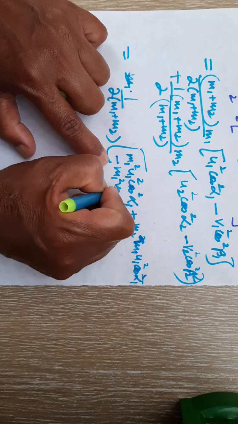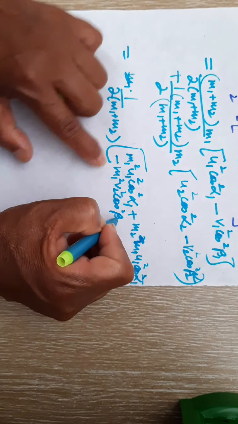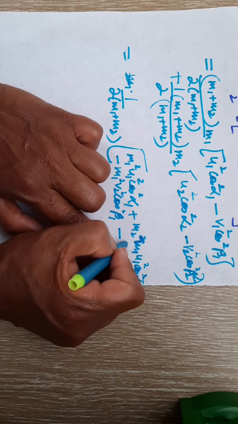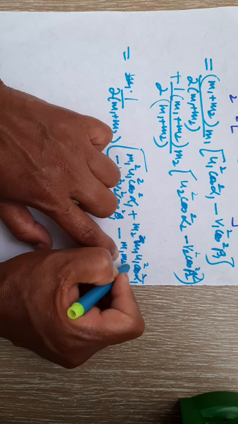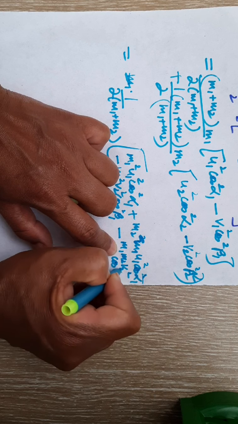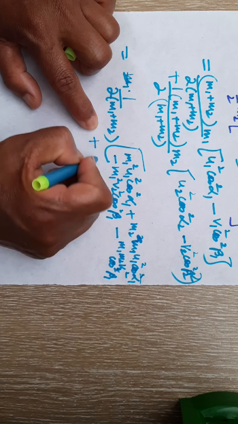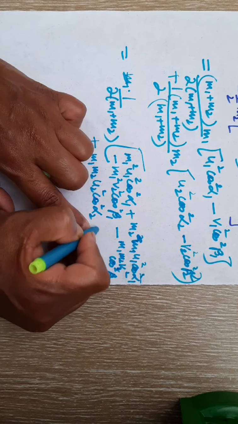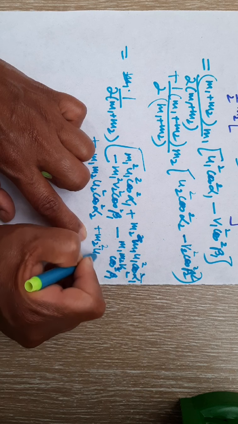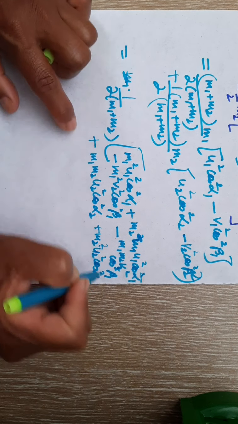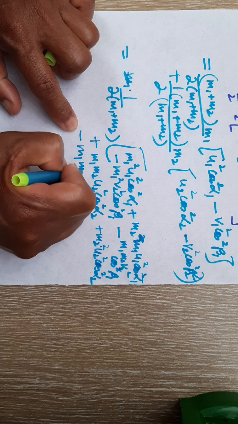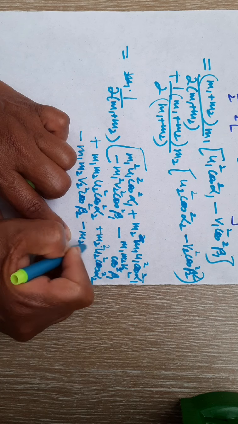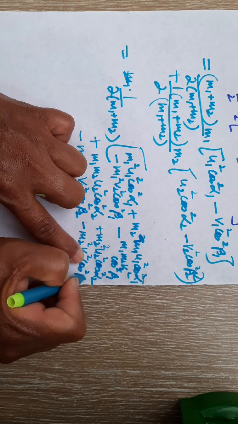minus m1 square v2 square cos square beta 1 minus m1 m2 v2 square cos square beta 1, then plus m1 m2 u2 square cos square alpha 2 plus m2 square u2 square cos square alpha 2 minus m1 m2 v2 square cos square beta 2 minus m2 square v2 square cos square beta 2.